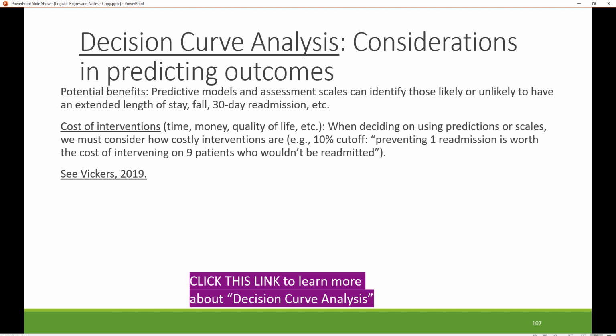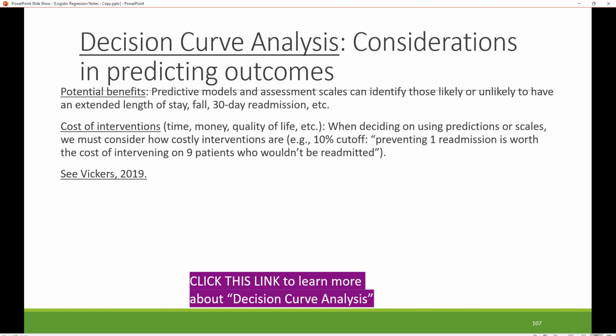For example, with a 10% cutoff, it's the same as saying that preventing one readmission is worth the cost of intervening on 9 patients who wouldn't be readmitted. So if we have a 10% cutoff and we have 10 patients to look at, I'll be able to prevent one readmission, but is that worth the cost of whatever it takes to look at the other 9 patients?